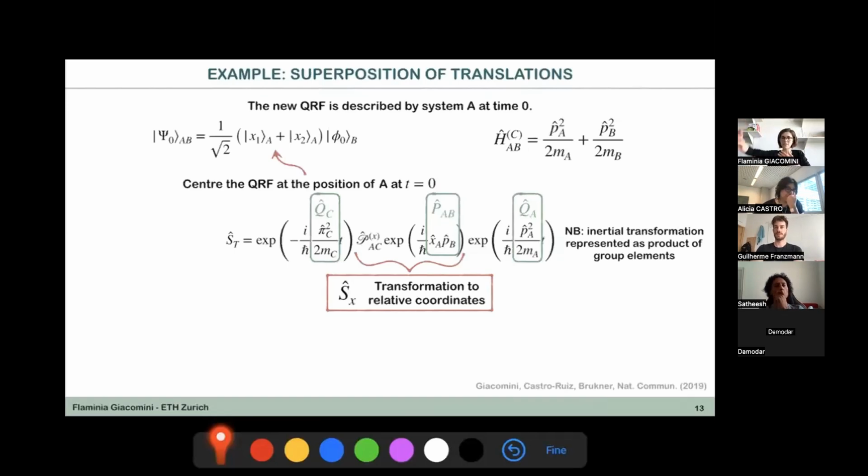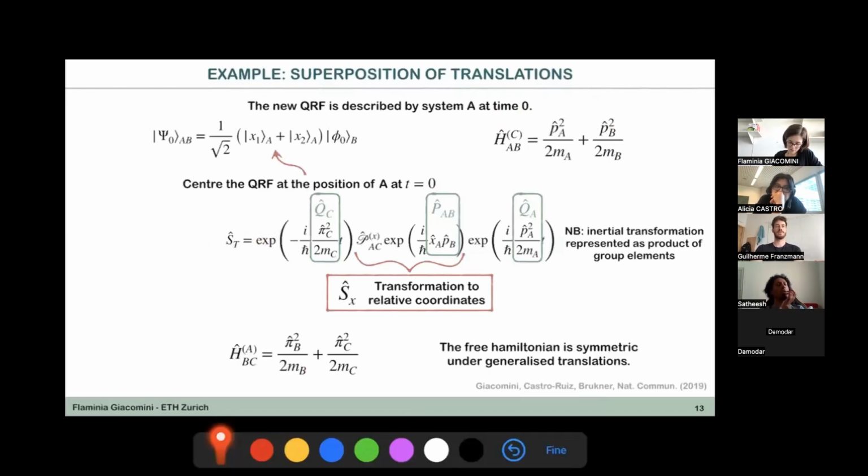C describes A and B. So you take the Hamiltonian of A and B from the perspective of C. Then if you apply this, so if you change this Hamiltonian using this transformation, what you get is again a free particle Hamiltonian, but you see all labels A are swapped now to label C. And here I'm just using pi instead of p, just not to confuse it with the operators in this reference frame. And so this is the sense in which we define this as an extension of the symmetry transformation.